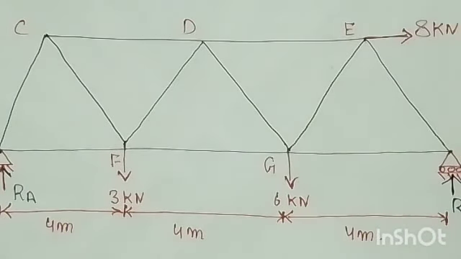and then at each joint we will find the forces in the members using the equilibrium conditions, summation V and summation H. So first of all we need to find the horizontal reaction.